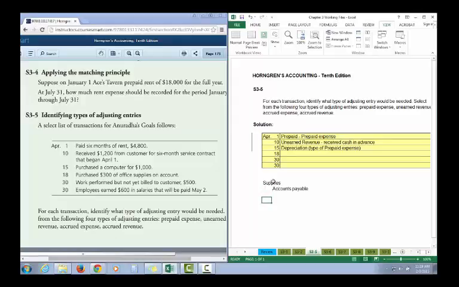And then when we use up the supplies, that's when we record a supplies expense and reduce that asset account, okay? So this is also a type of prepaid expense. So we're buying supplies in advance that we're going to use up later.